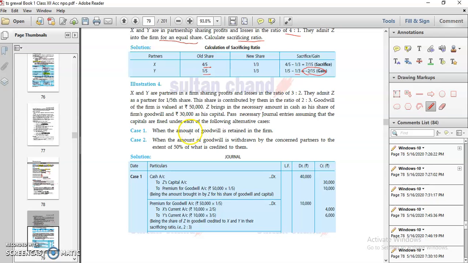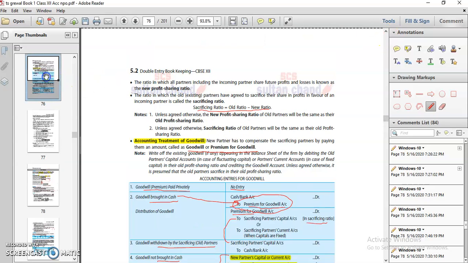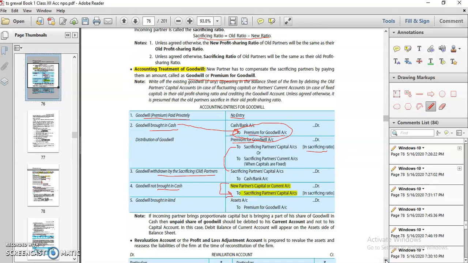Treatment of goodwill. In goodwill, we learned that if a new partner brings cash, the entry comes cash to premium. Yes, cash to premium. Then we distribute the same goodwill to old partners in sacrifice ratio.